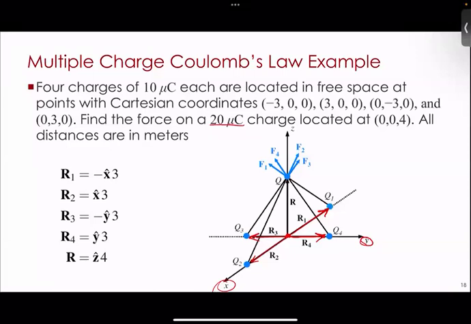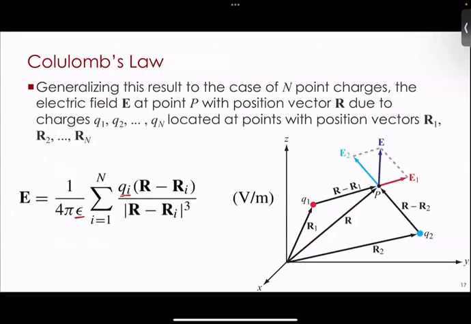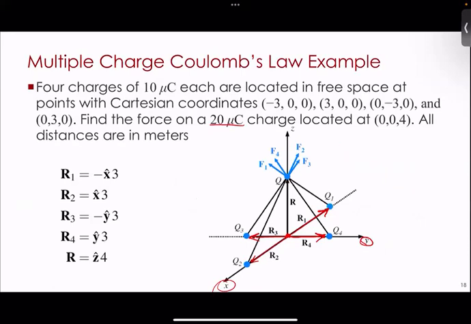We also have just a regular old R here. The R is from the origin to where you want to figure out what the electric field or force is. In this case, we want to find the force, which really means find the electric field there first, then figure out the force, or you can do them together. But we want to find it at 0, 0, 4.